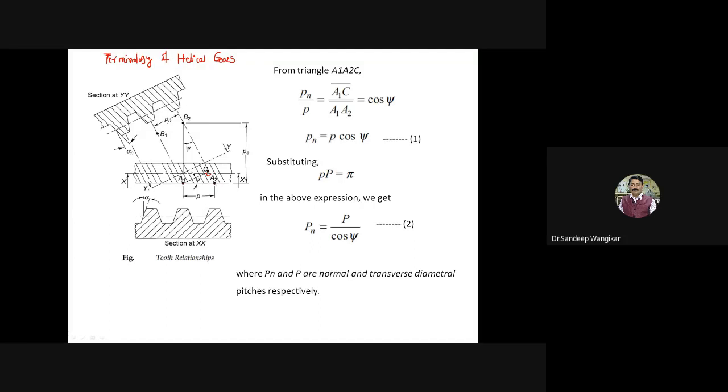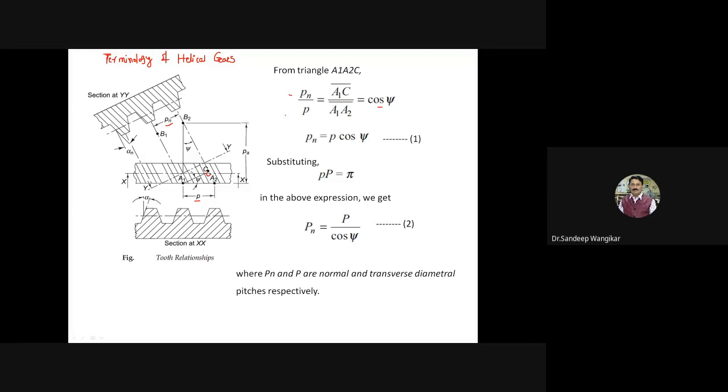But A1C is nothing but our normal circular pitch and A1A2 is our transverse circular pitch. So these both are circular pitch only. So I can write cos of psi is equal to A1C by A1A2, adjacent side by hypotenuse.